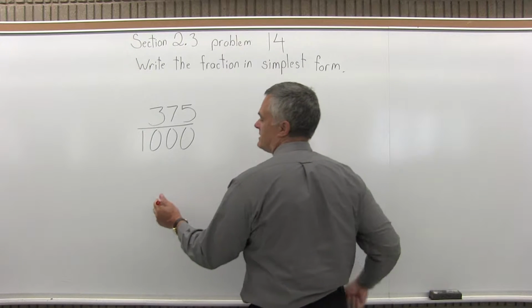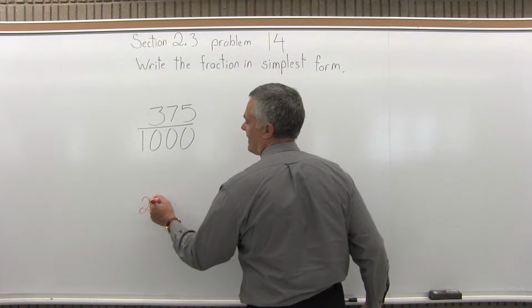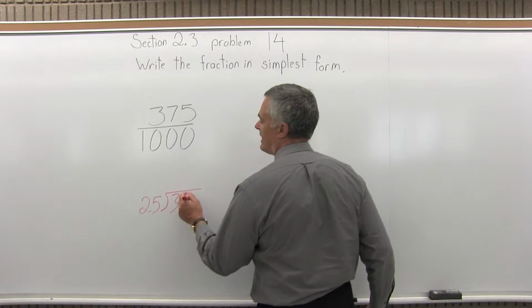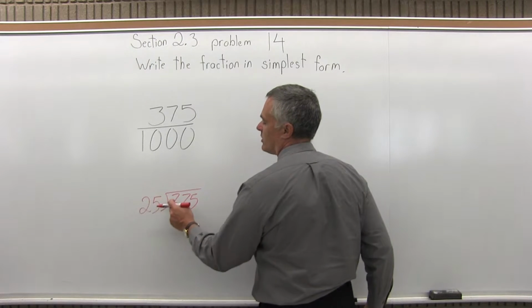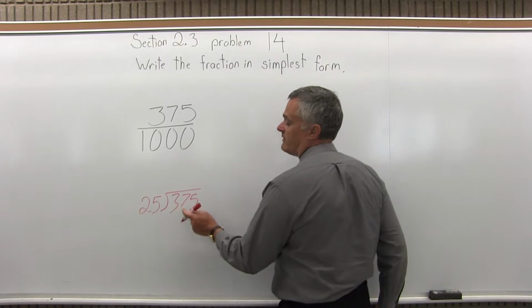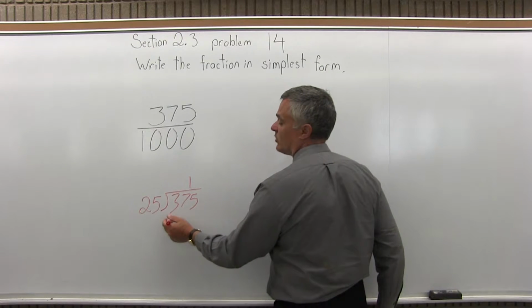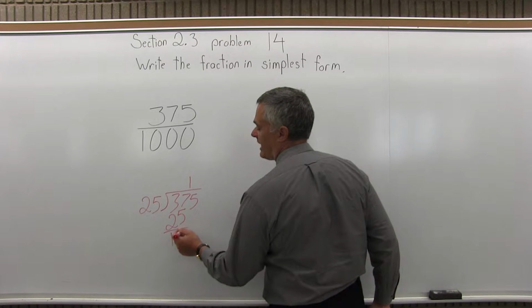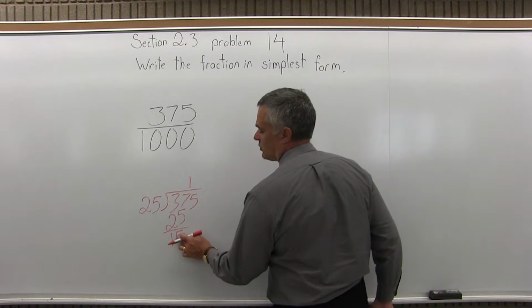So off to the side, let me divide 25 into 375. Well, 25 won't go into 3, so I'll divide 25 into 37. It goes in one time, and then 37 minus 25 is 12.